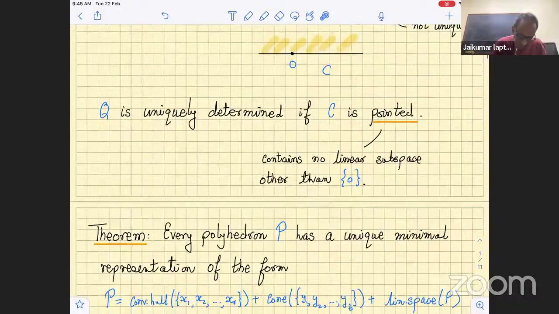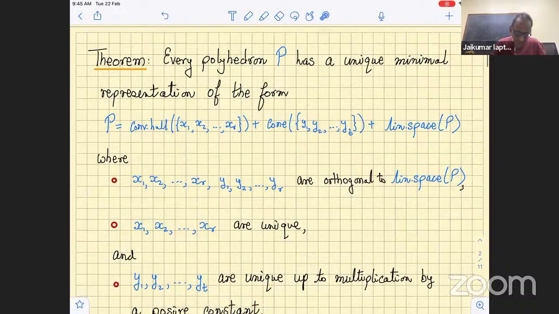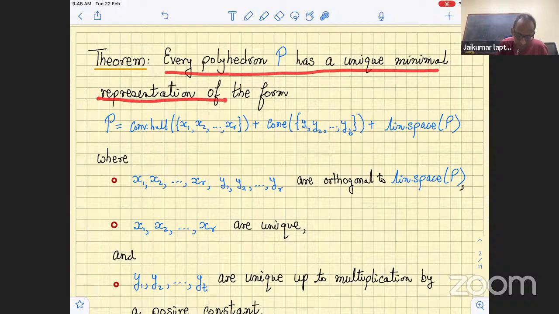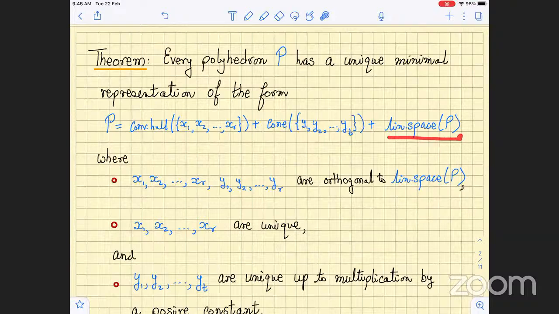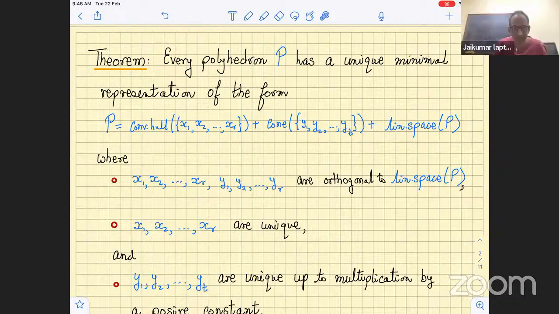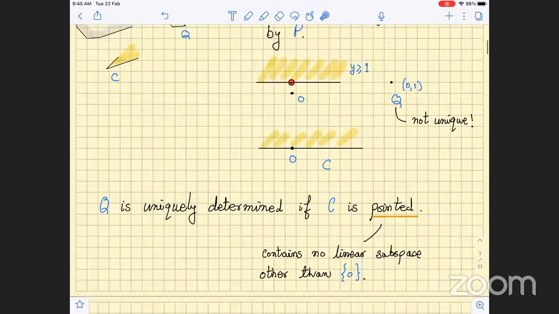So, the theorem that I wanted you to read is this one. Every polyhedron has a unique minimal representation of what form? There is this part which we used to call Q, and then there is a cone, and then there is a linear space. If Ax equals b has a solution, then is one decomposition the following? You let the polytope be just a single point x0 which satisfies Ax0 equals b, and your cone is Ax less than or equal to 0.